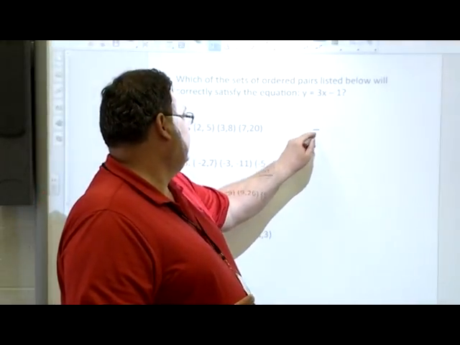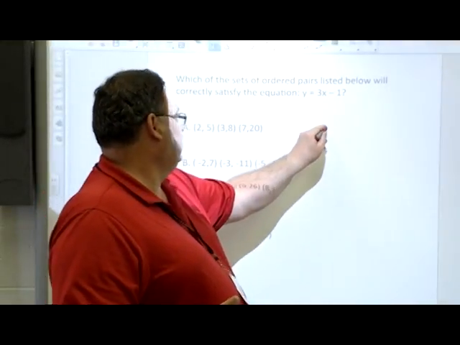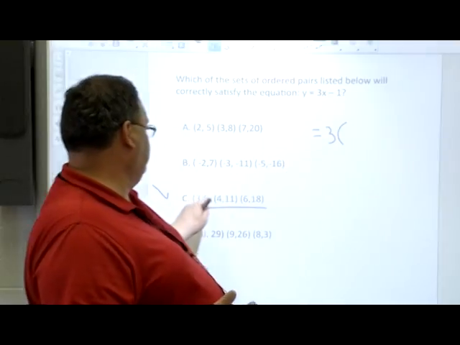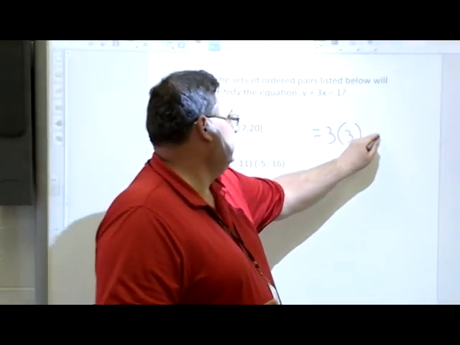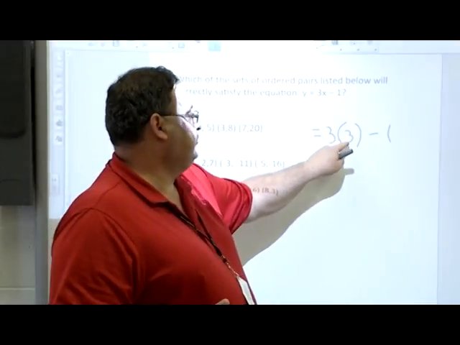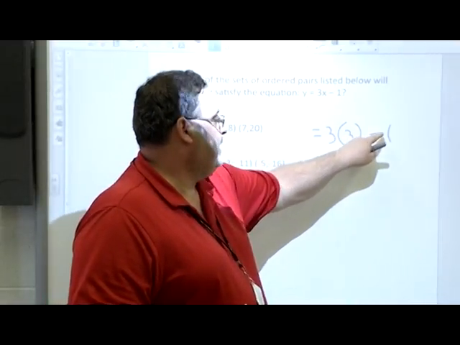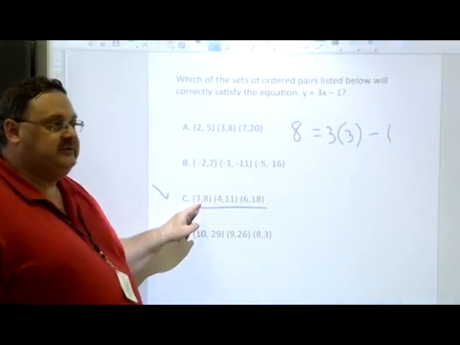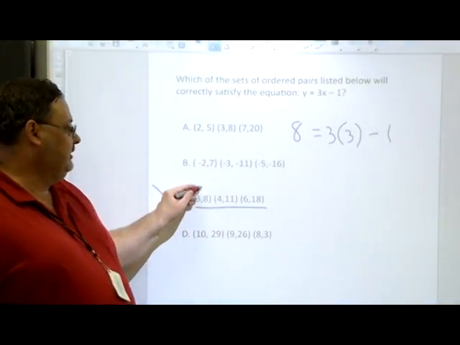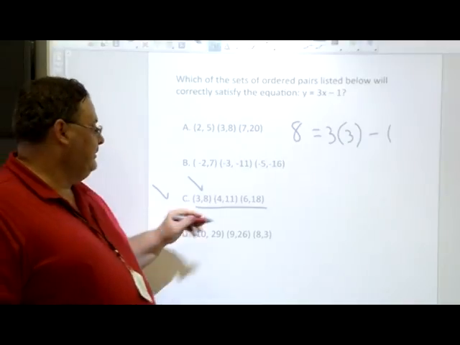I have y equals 3x minus 1, and I put in the 3 for the x. 3 times 3 is 9, minus 1 is 8. I check, and yes, that's what the y value is supposed to be. So that ordered pair works.